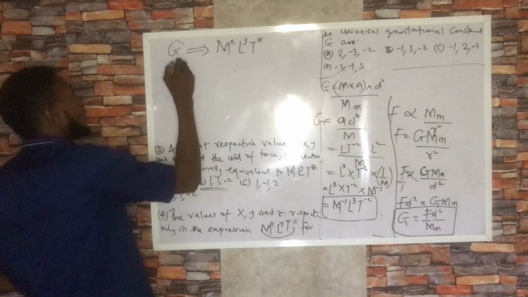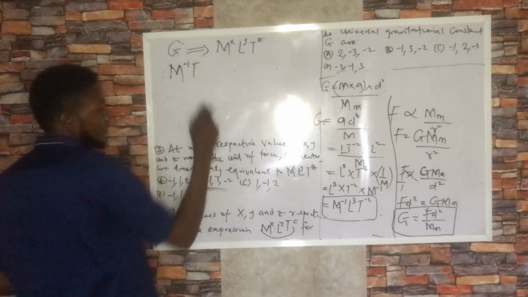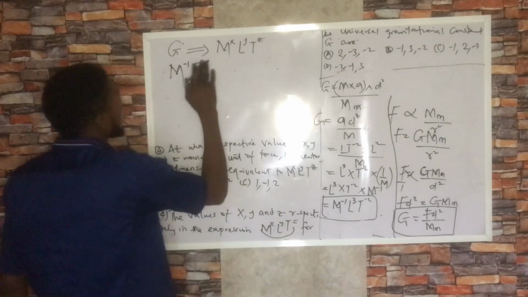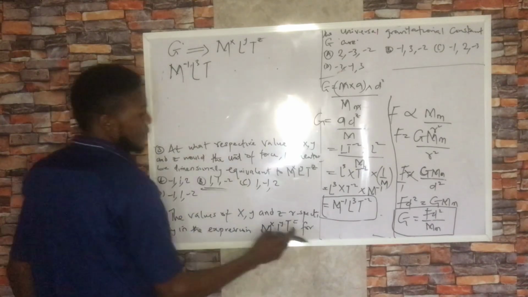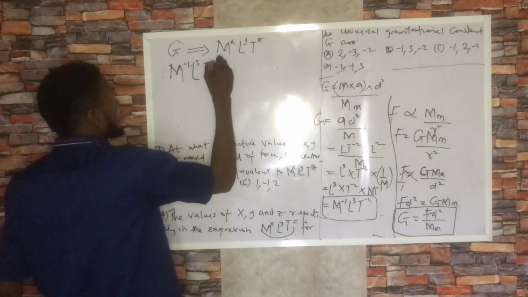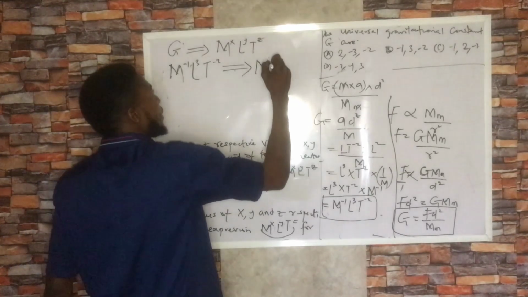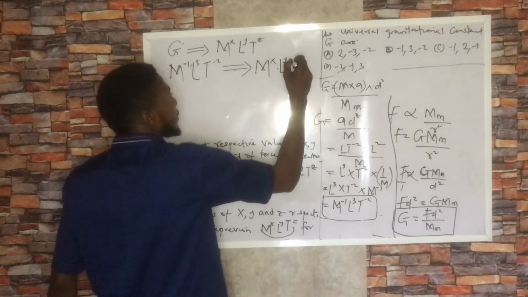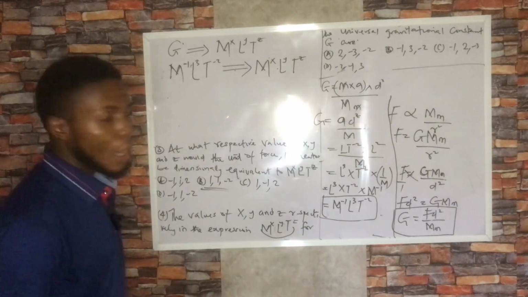That will be M raised power minus 1, L raised power 3, T raised power minus 2. So M^x, L^y, T^z.